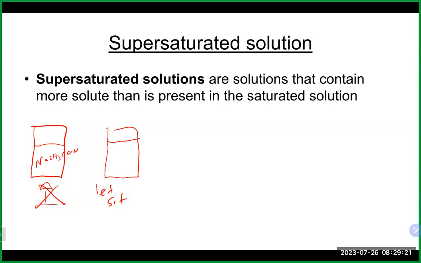You'll have a very unstable solution at this point, because what you will have is a solution at, say, a lower temperature that should only have a certain amount of solid dissolved in it, but you already got it all dissolved by heating it up. And the problem is the solution is not going to be really happy. It's so unstable that you can make all that solid come out of solution by taking just a super small crystal of whatever you dissolved in there.